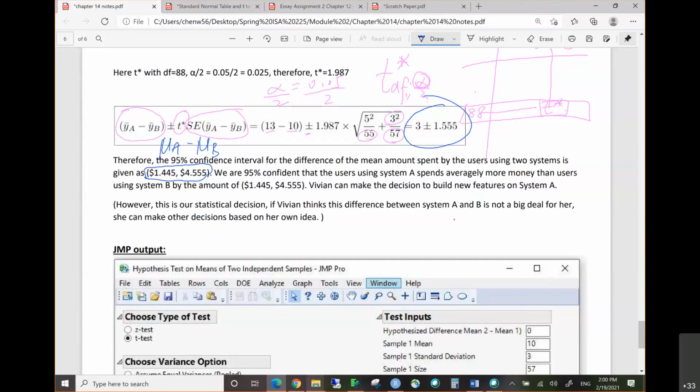By 1.445 to 4.555. So for a complete interpretation of the confidence interval, we need to say we are 95% confident that the users using system A spend more money than the users using system B, by the amount of this interval.